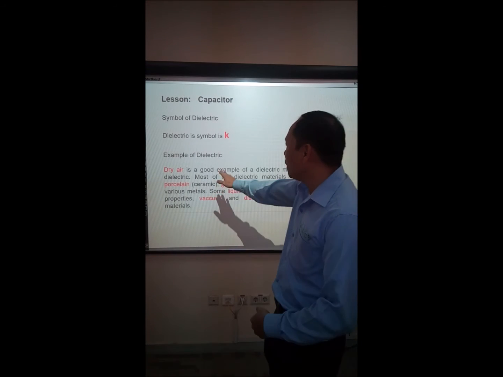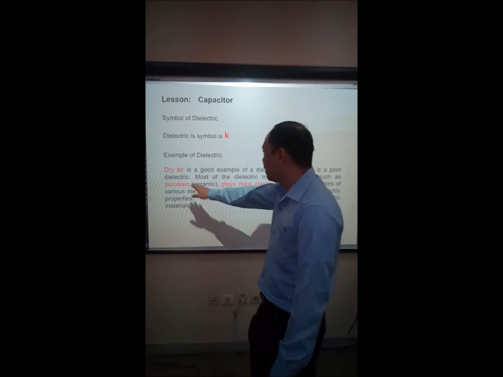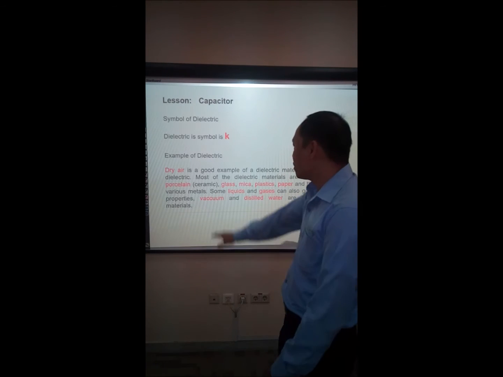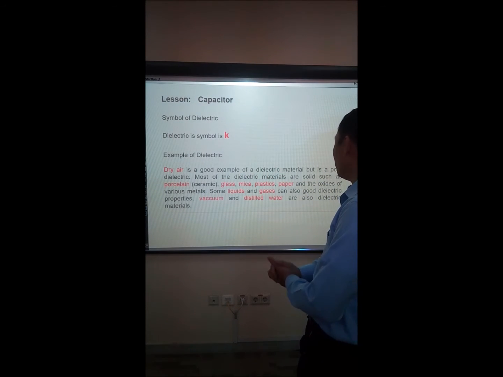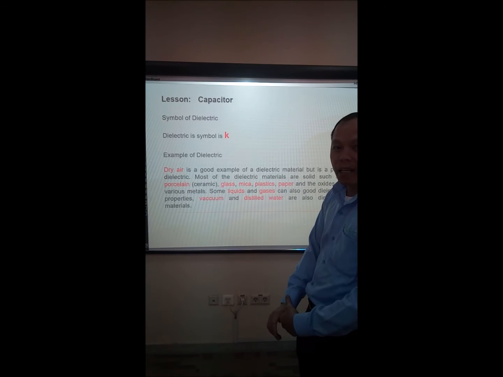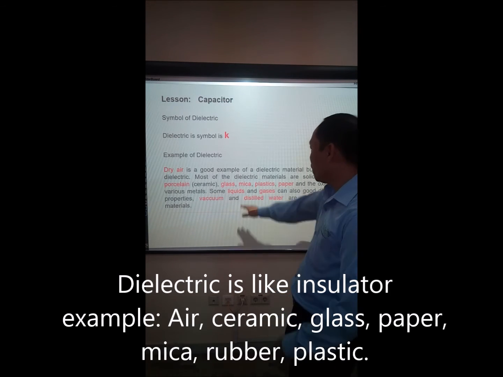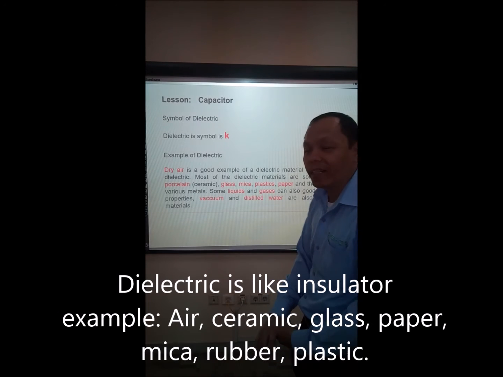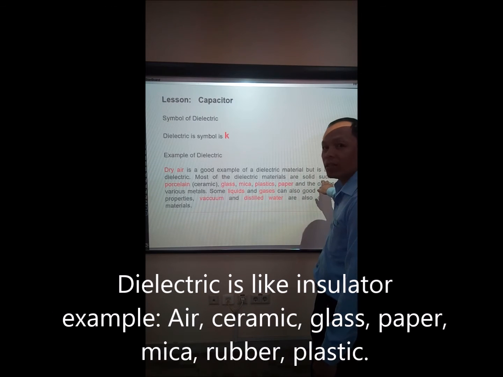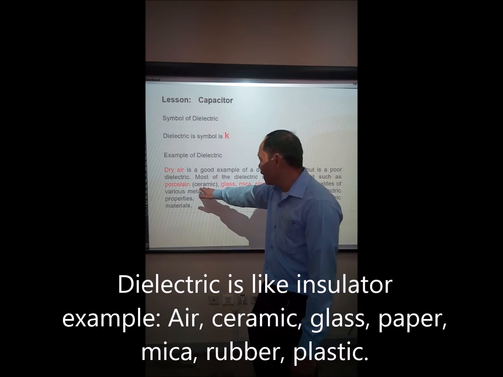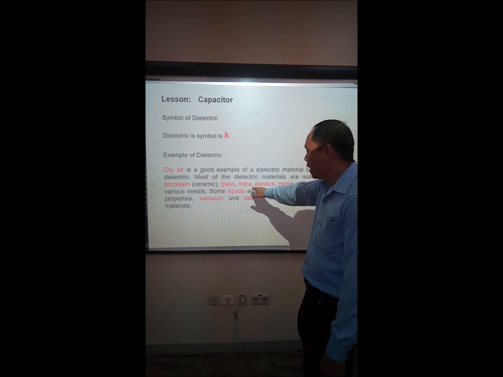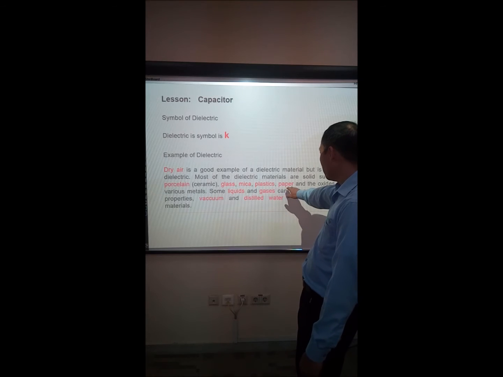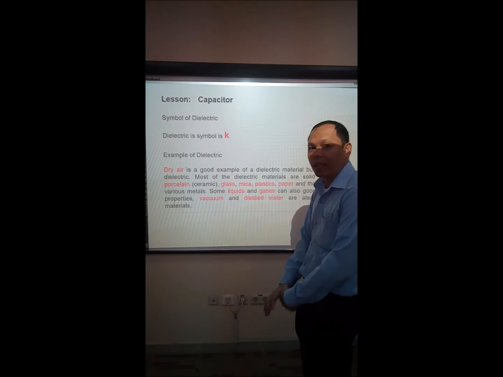An example of dielectric is dry air, which is a good example of a dielectric material, but is a poor dielectric. Most of the dielectric materials are solid, such as porcelain, ceramic, glass, mica, plastic, paper, and oxides of various metals.